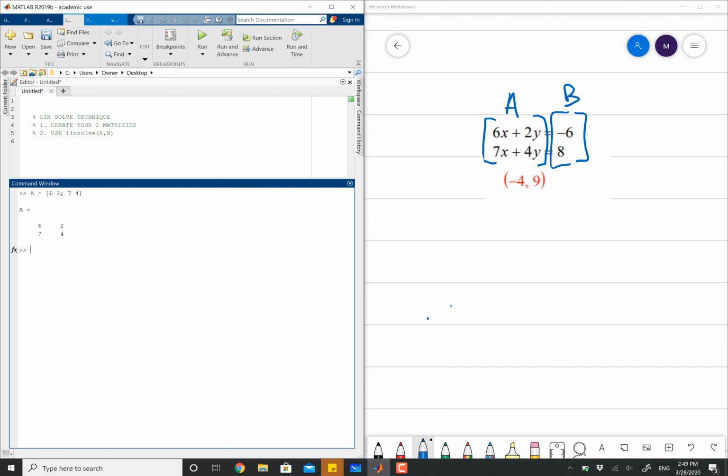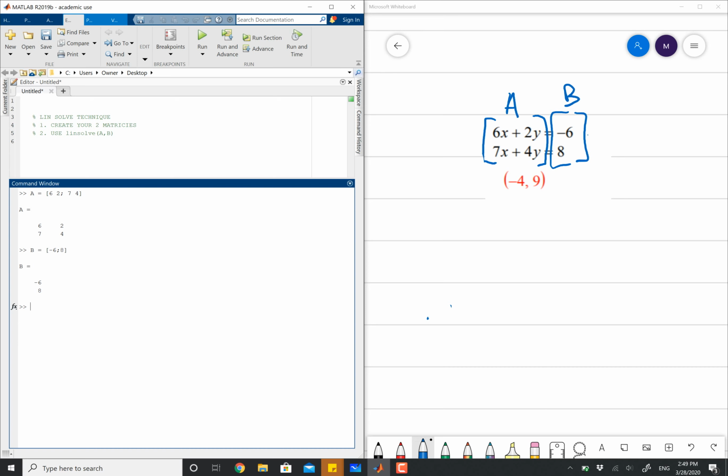If you go back to your equation, your numbers are stacking up, and MATLAB is automatically going to figure out the variables. For matrix B, we have negative 6, semicolon, and then 8. If we press enter, we get negative 6 and then 8. So our equation is stacking up perfectly.